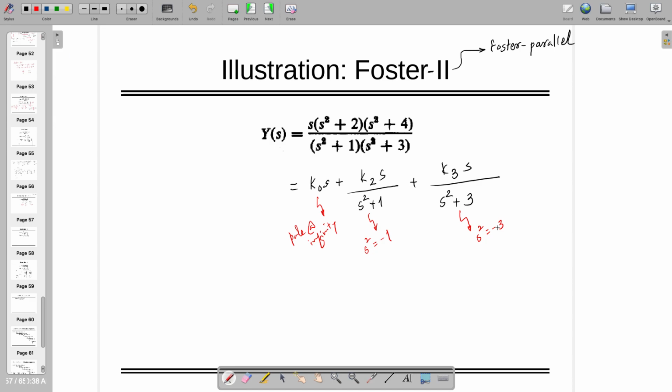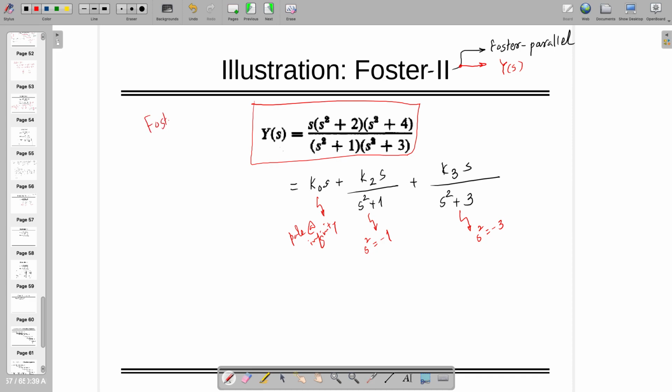Yeah, that is what I'm saying. The Foster 2 technique is applicable for Y of s. If Z of s is given to you, you have to replace that with Y of s. Let's assume that I want to synthesize this one using Foster 1, right?